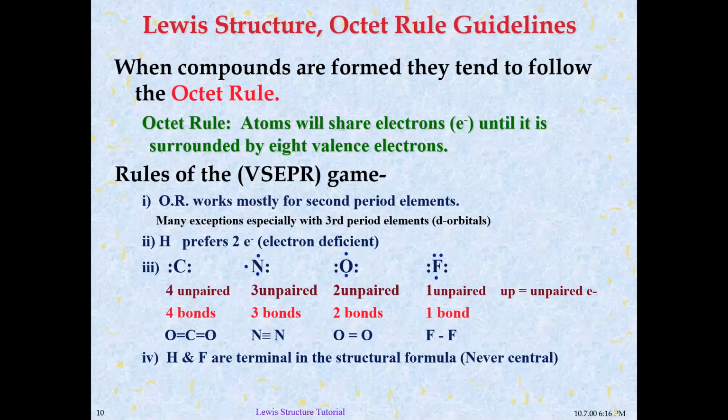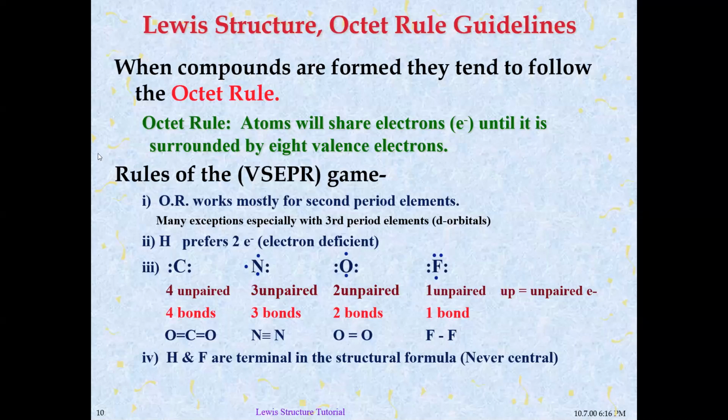In the first and second periods, your electrons are in the s and p orbitals. By the time you get to the third period, you get to the third shell, and that's where you have your d orbital. So there will be some anomalies when you get to the d orbital. Now we'll look at those that follow the rule before we look at the exceptions.